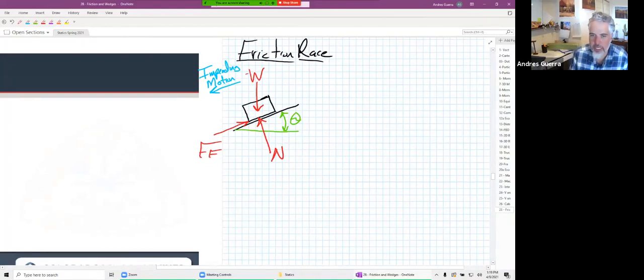And what can we say about the force of friction? Can we say anything about what the force of friction is going to be equal to? Thinking back to your physics days or when you've dealt with friction in the past, what do we typically say force of friction is equal to? Anyone?